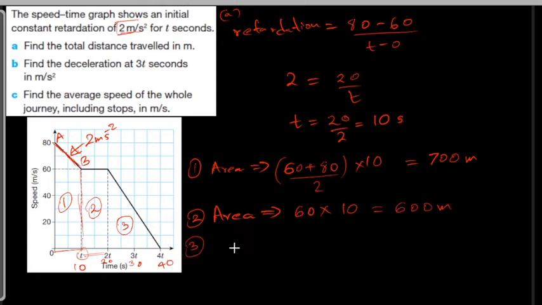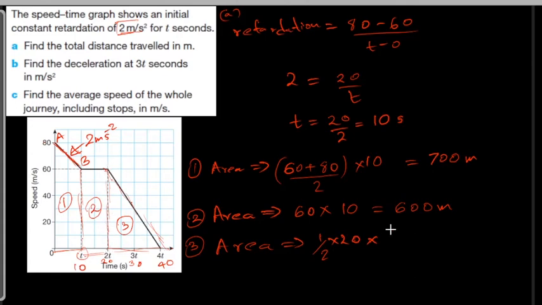And how can we take the part 3 area? It's a triangular shape, and it's a right angle triangle. Pretty easy to find the area. It's half into the base length. Base length we can take from 2t to 4t, that means 20 seconds, into perpendicular height.